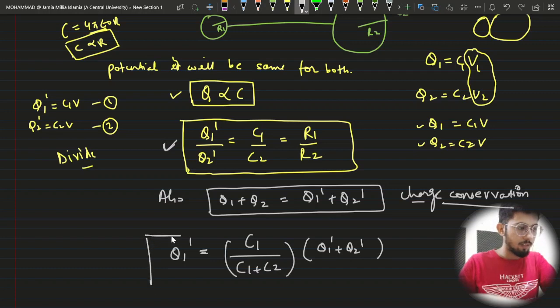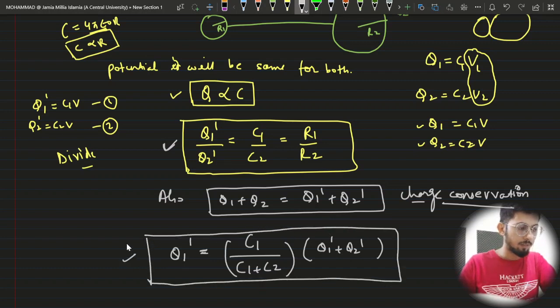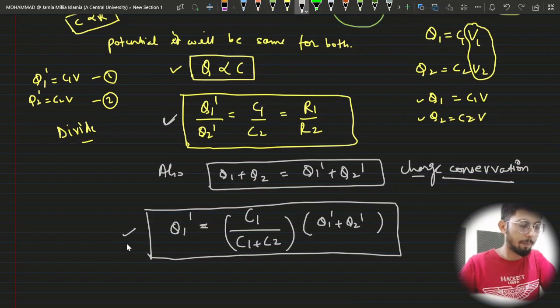Is the ratio correct in which I have distributed it? See, this is the whole charge, and we need to divide it between Q1 dash and Q2 dash. So Q1 dash will be some fraction of the total charge, where the denominator is greater and the numerator is smaller.